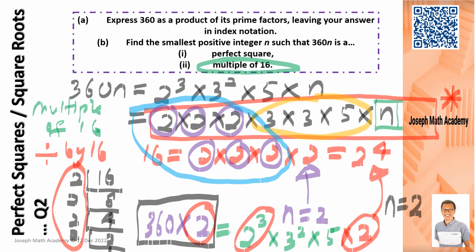We just need to introduce this 2 to the 360. When we multiply 2 to 360, the new number 360n becomes a multiple of 16. Remember, play back my video to get a better understanding.